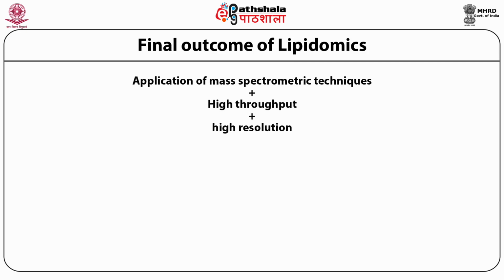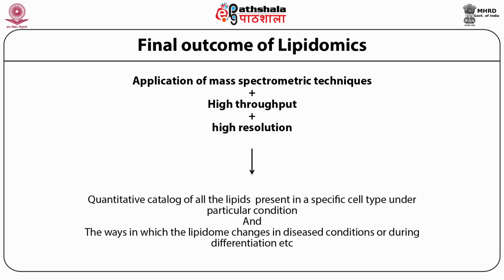High throughput plus high resolution would enable you to obtain a quantitative catalog of all the lipids that are present in a specific cell type under a particular condition. It would also enable you to look into the changes that have occurred in the lipidome in a diseased condition or during differentiation, etc.